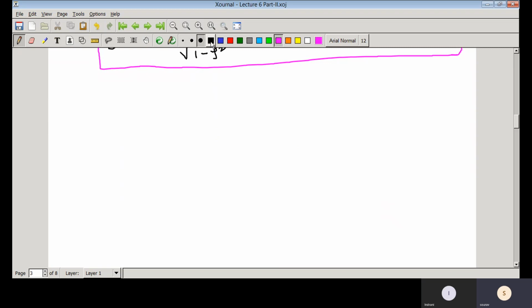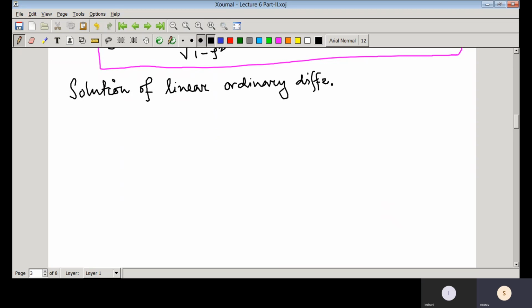So now we are going to discuss the solution of linear ordinary differential equations.